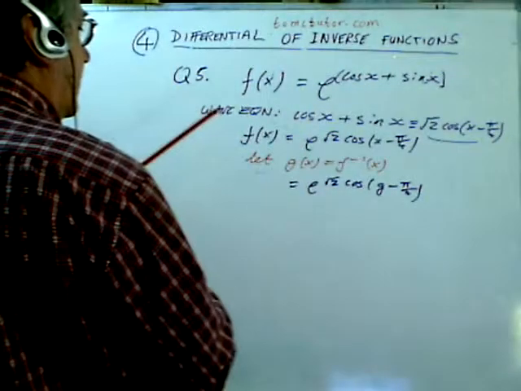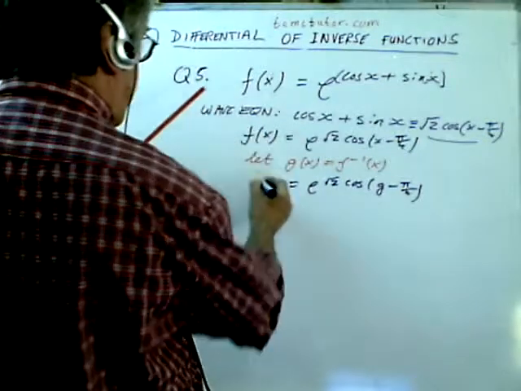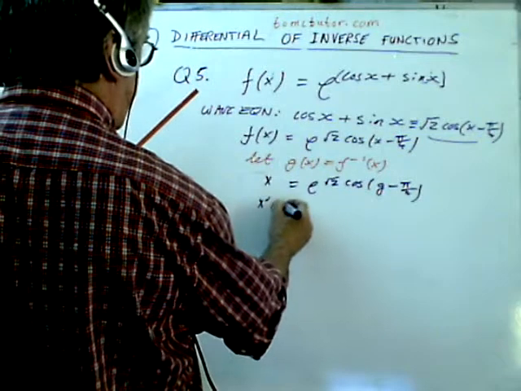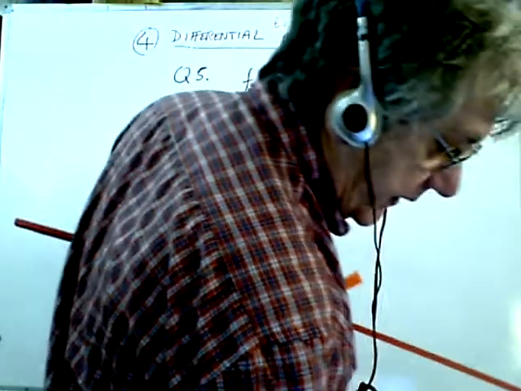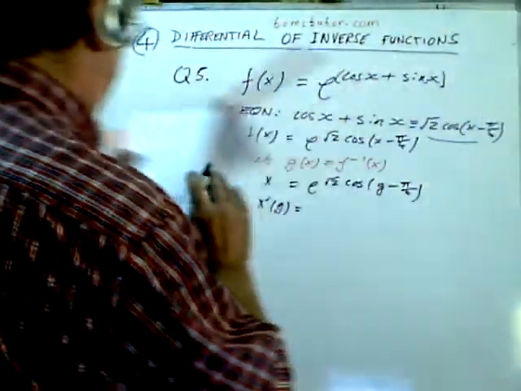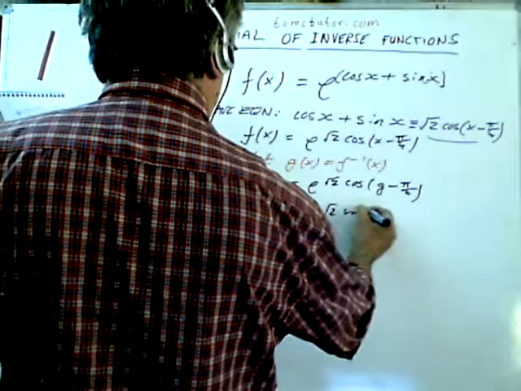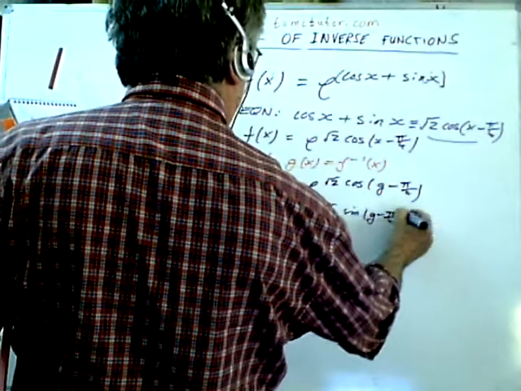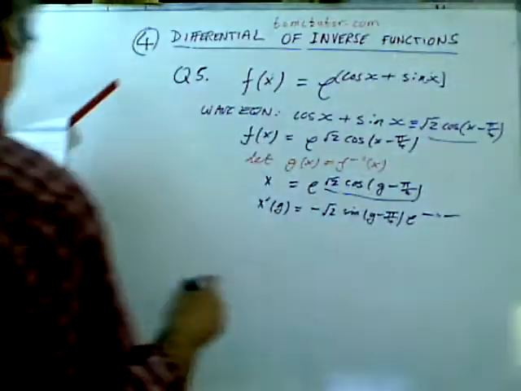It's g of x. So if I differentiate, sorry, that's x in terms of g. So x dash in terms of g, as we differentiate that, I get minus the square root of 2 sine of g minus pi over 4 times exponential, all this stuff, okay?